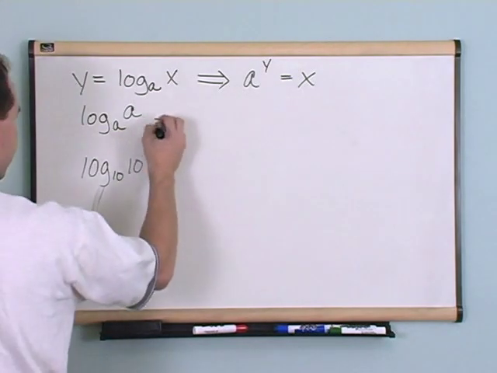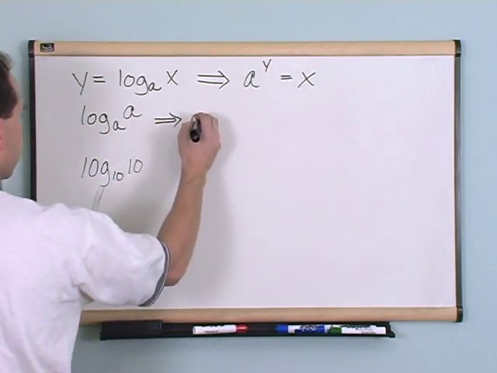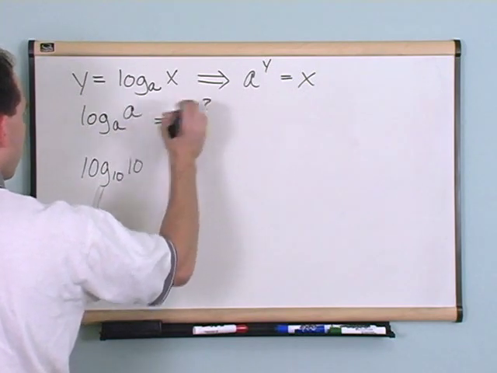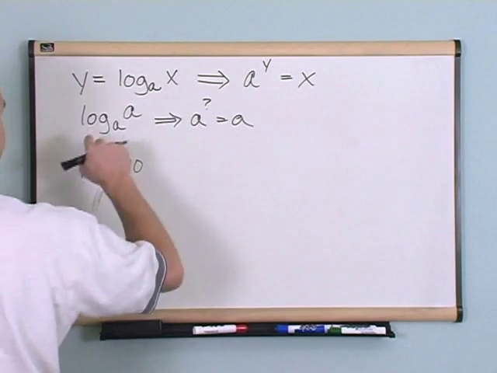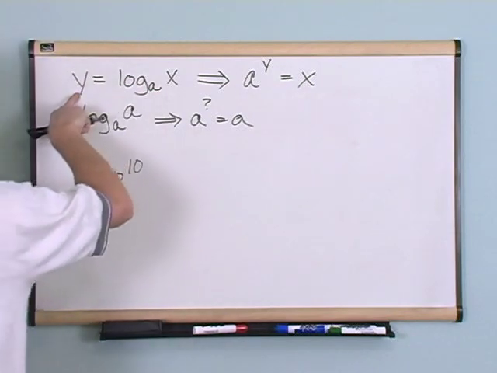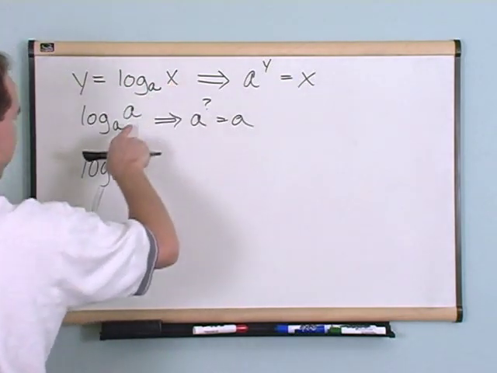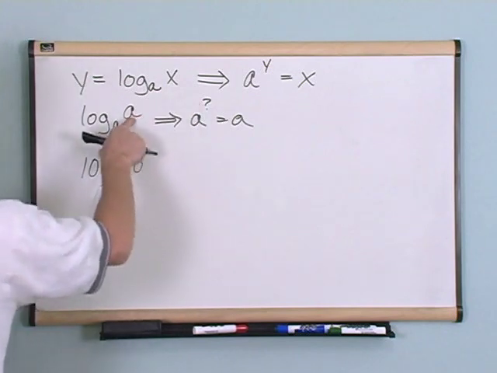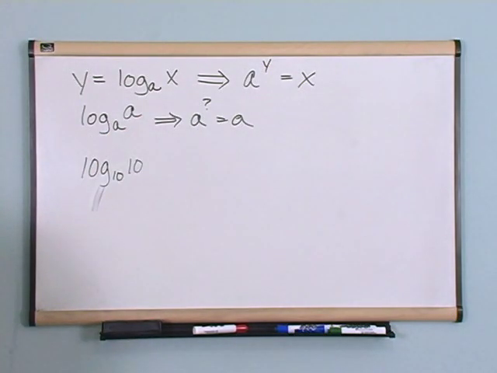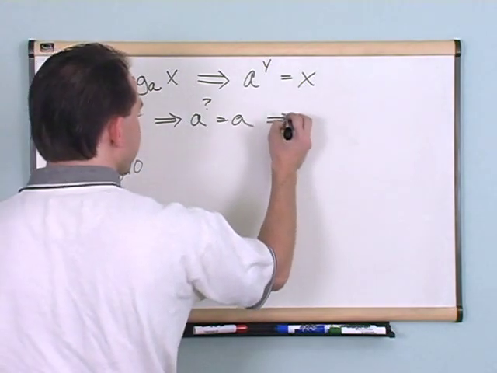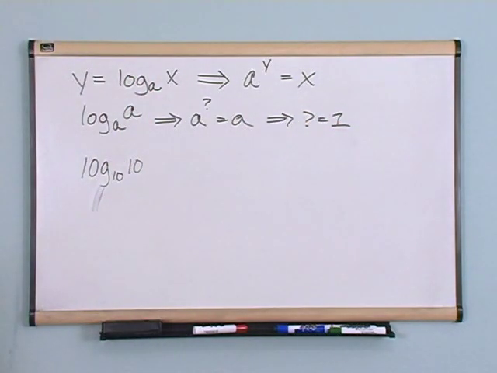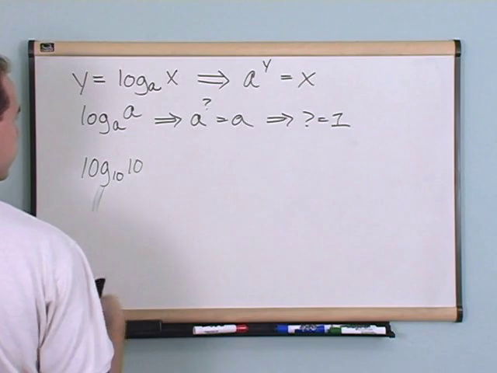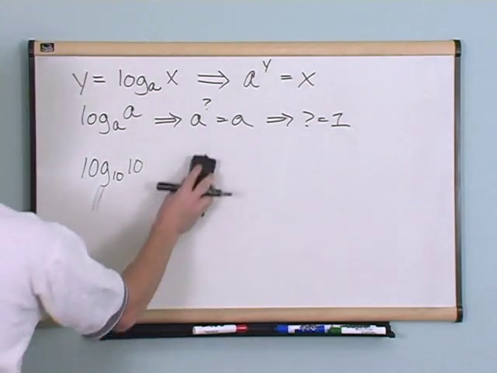Well, what I'm trying to do here is a to the power of what equals a. A to the power of what equals whatever it is I'm looking for. Well, it turns out that the question mark is just equal to 1. That makes sense.